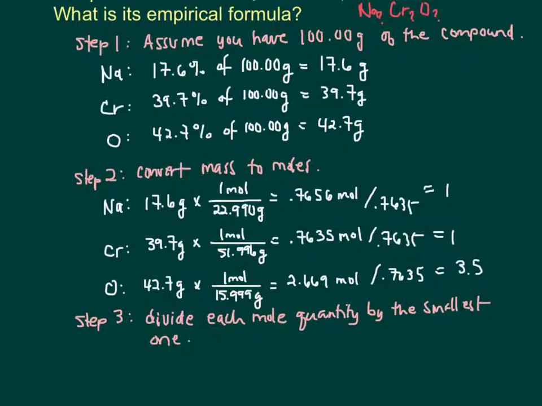Now again, there's an issue because these need to be whole numbers, and a lot of times at this point these will actually work out to be whole number ratios. But for this particular problem, they didn't end up being whole number ratios.